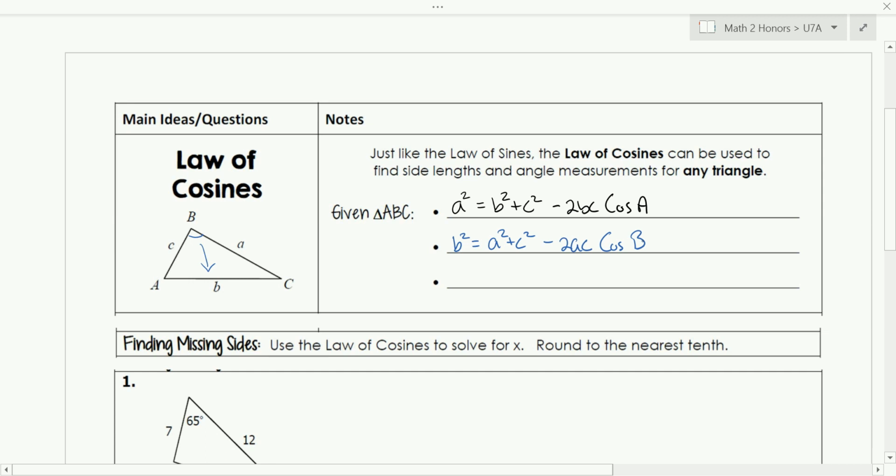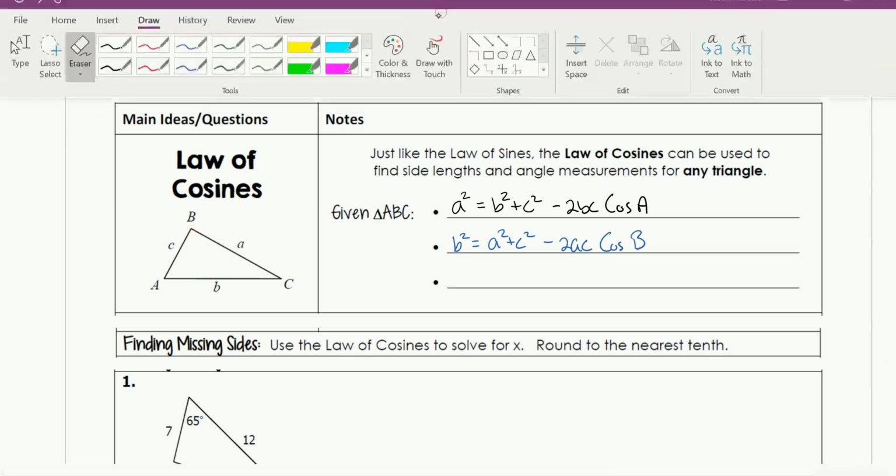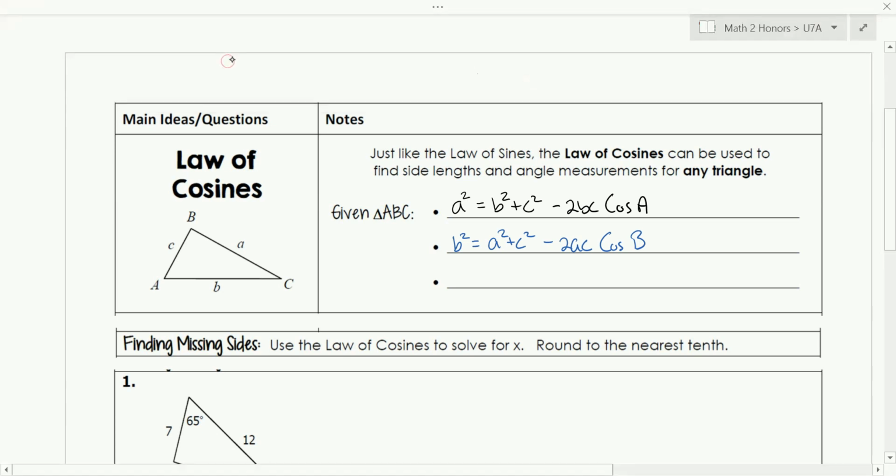So write what the third one would be if you started with C squared. If you're working with angle C, you're going to start with side length C, and you get A squared plus B squared minus 2AB cosine of angle C.